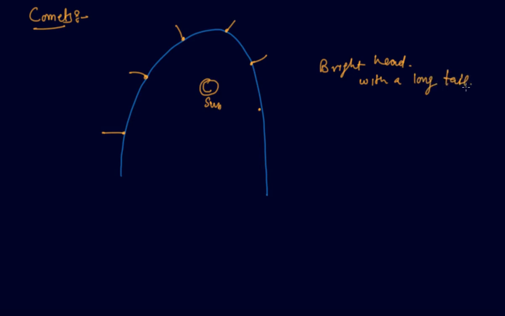Okay students, the length of the tail grows when it approaches the Sun, means when it is near the Sun, the tail of the comet starts increasing. And it is always directed away from the Sun.